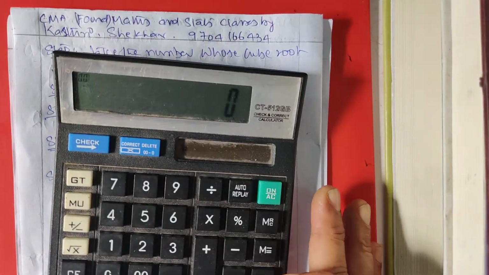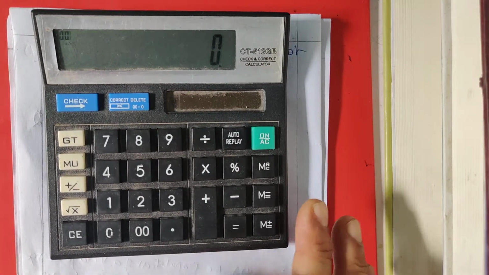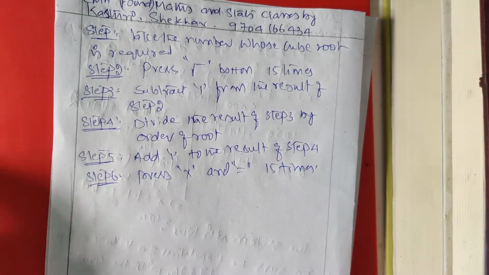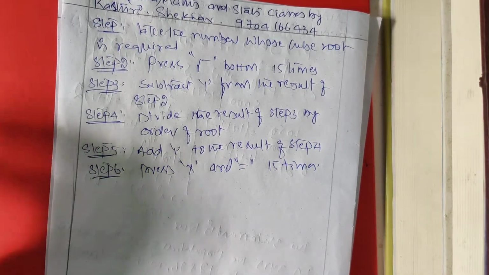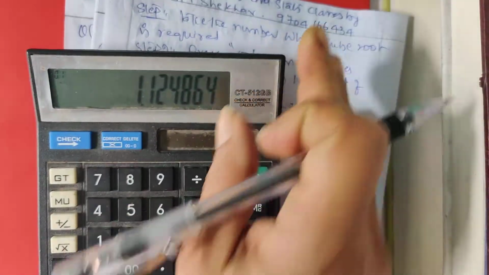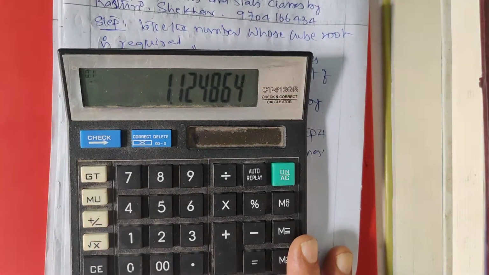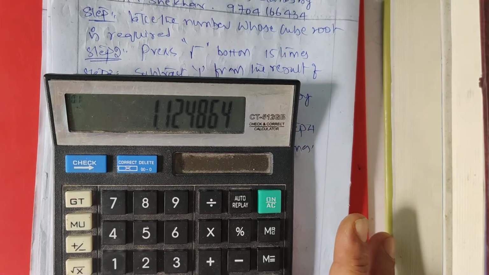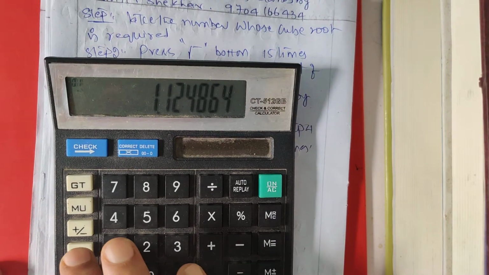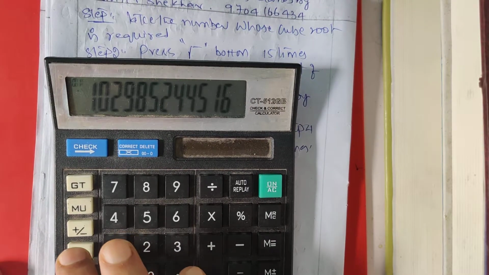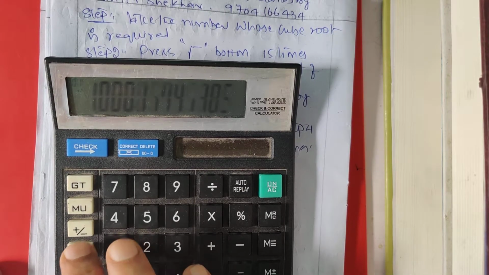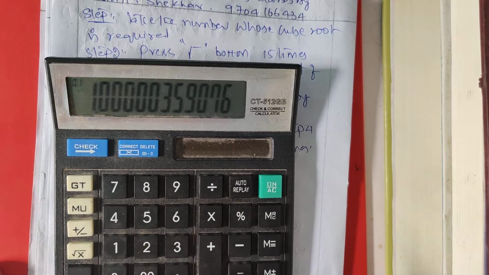Let us see the process. First of all, you have to take 1.124864. Press the square root button 15 times: 13, 14, 15.